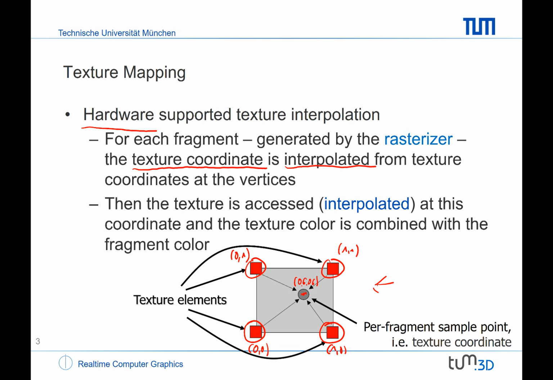We will see in the following that we have different options. One option is to use interpolation between the texture values. Another option would be to assign the value of the texture element that is closest to that coordinate in texture space.